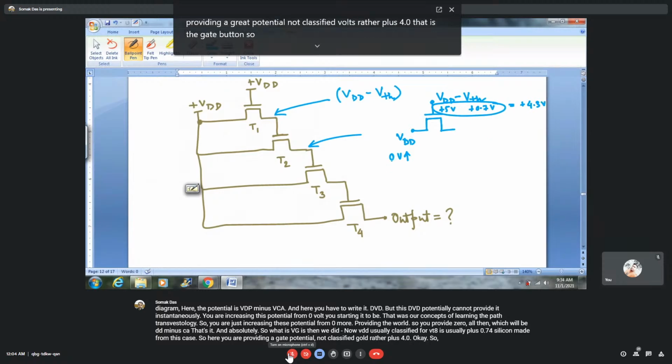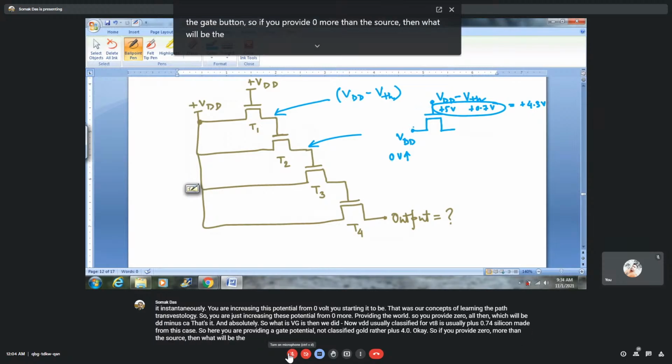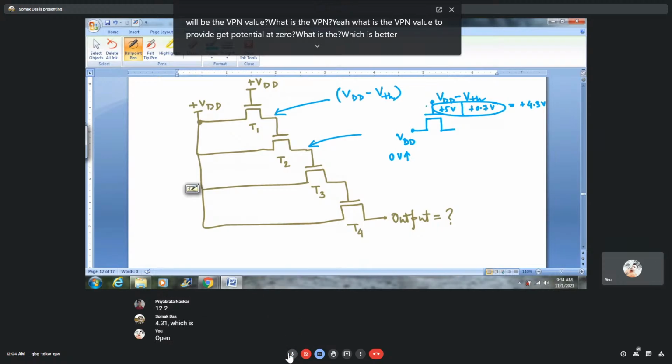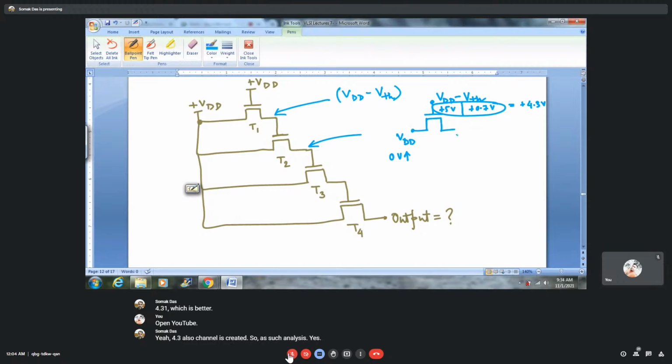If you provide 0 volt at the source, what is the VGS value? 4.3 volt, which is greater than VTH. So channel is created. As the channel is created, here 0 volt gets reflected over here.